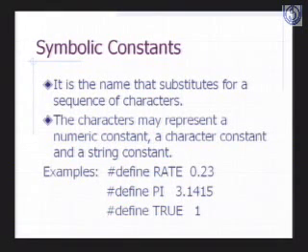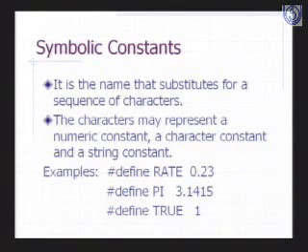Wherever in the program RATE appears, that particular text string is replaced with the value 0.23. Likewise PI will be replaced by 3.1415. Likewise, wherever TRUE in uppercase letters is there, the value 1 is substituted.